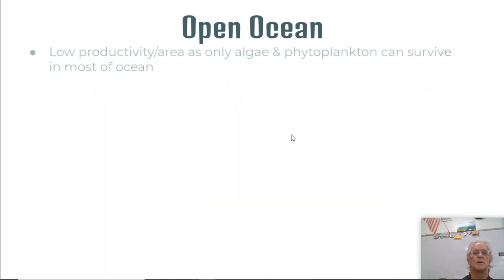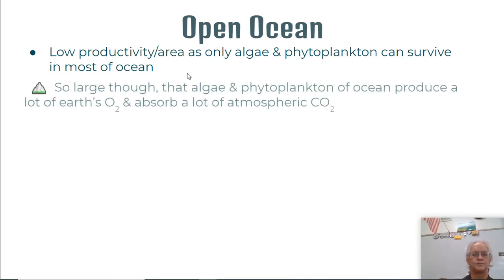The open ocean has low productivity. It's the largest biome on the planet, but per square meter, it has very low productivity. However, in total it has the highest productivity of all biomes because it's so vast. It only has algae and phytoplankton to survive in most of the ocean.